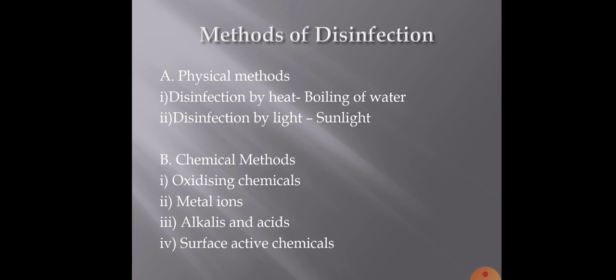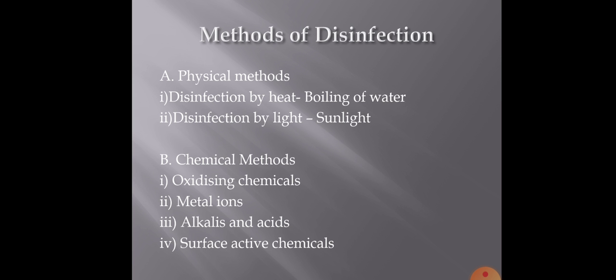Then the next method is alkalis and acids. This is also another method wherein alkali or acid is used. When we say alkali, that is pH greater than 7. So here usually highly alkaline substances or highly acidic substances will be treated by using alkalis and acids.